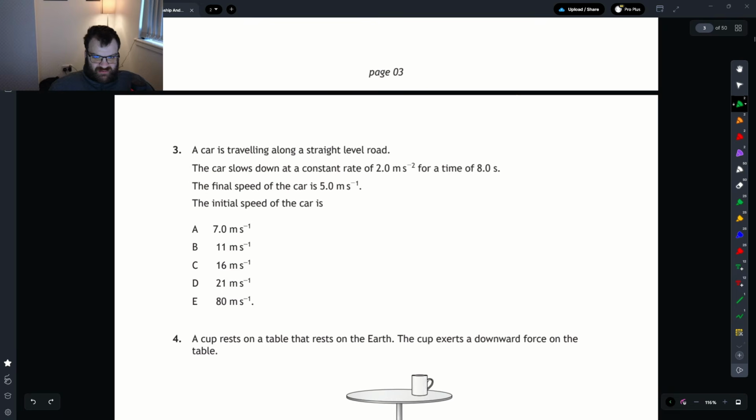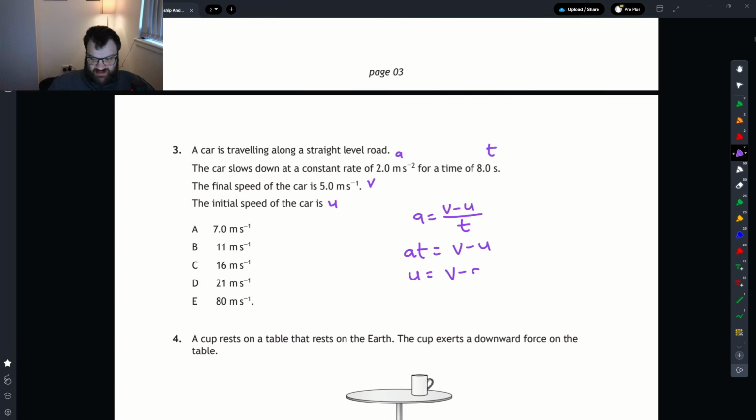Moving on, we're asked about final speed. We're given acceleration. We're given a time. We're given the final speed, which is v, and we have the initial speed, which is u. Well, if a equals v minus u over t, rearranging this, that means that at would equal v minus u, and u would equal v minus at.